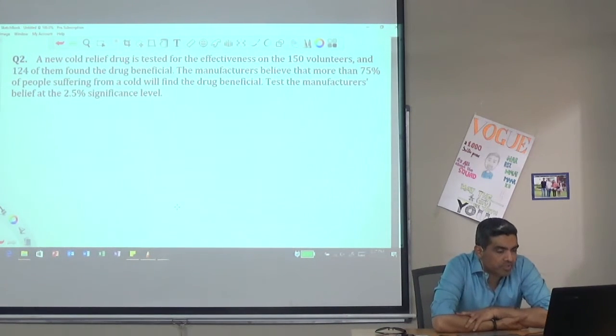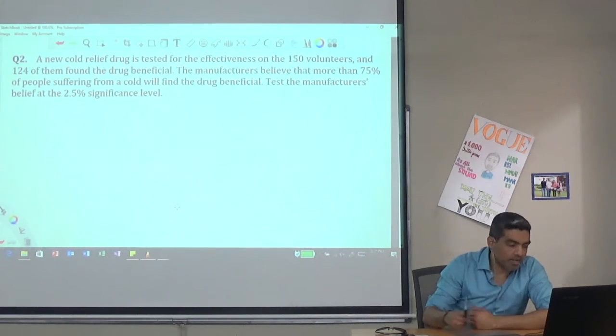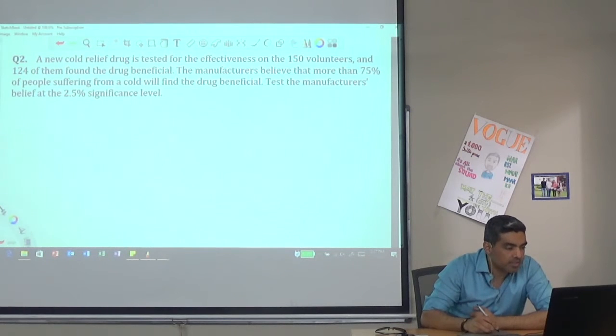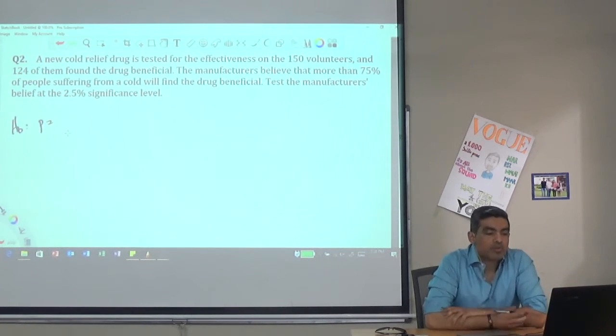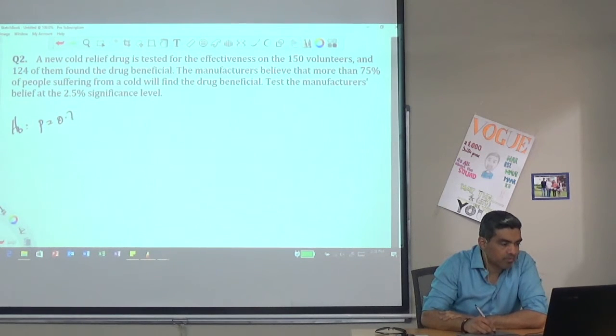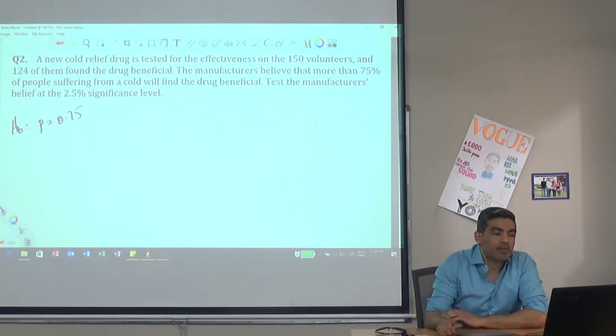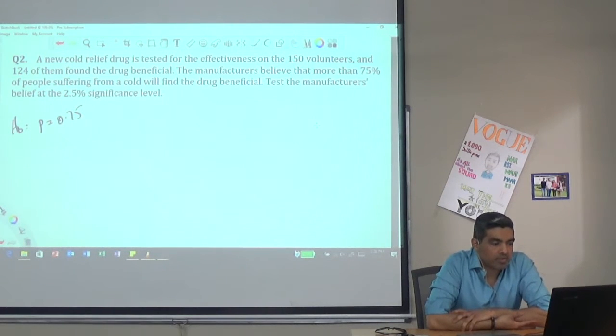Demonstrate the hypotheses with this one. The null hypothesis, by the way, is always equal to. So the proportion is equal to 0.75. Manufacturers believe that more than 75% of people suffering from cold will find the drug beneficial.